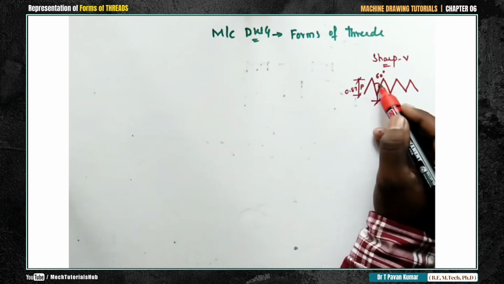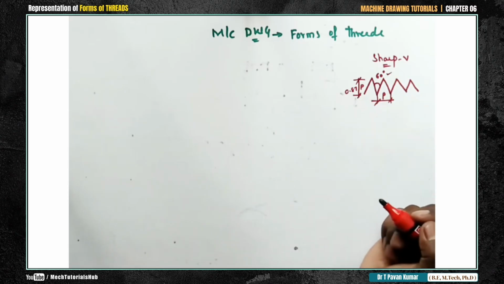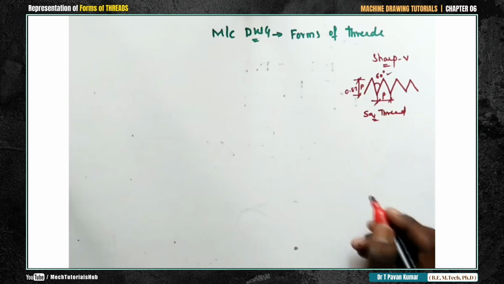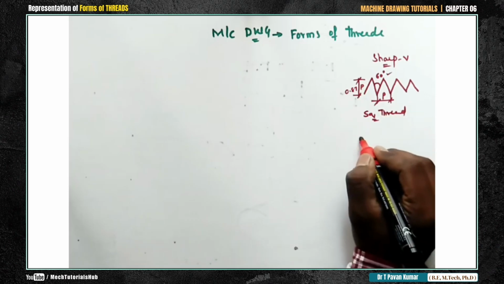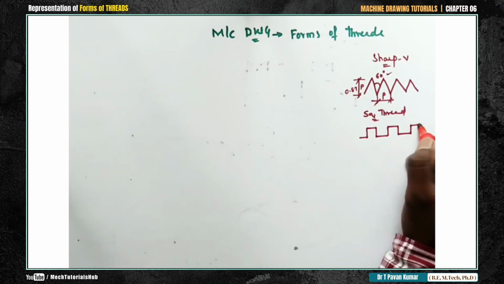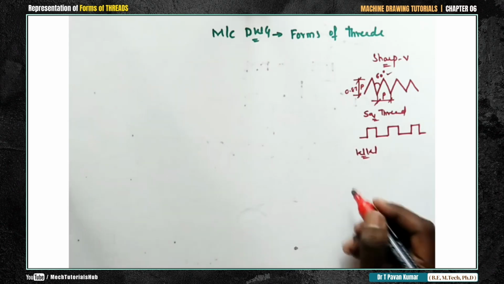Similarly, if it is a square thread, as its name itself indicates, you need to maintain 90 degrees. Similarly, there may be a Whitworth thread. If it is a Whitworth thread, you need to remove that sharp corner with a small fillet radius. We'll see how to maintain this.